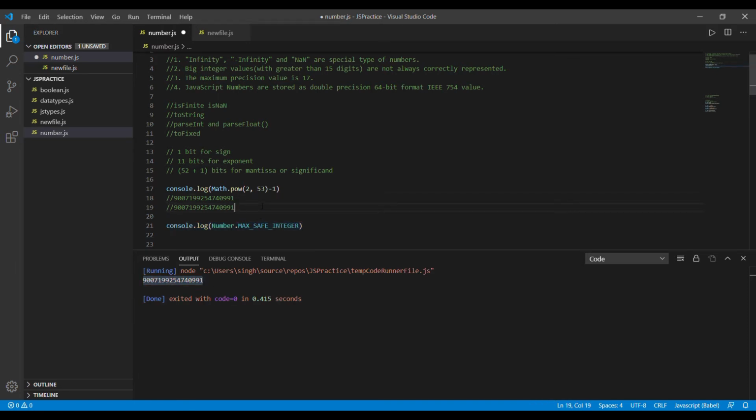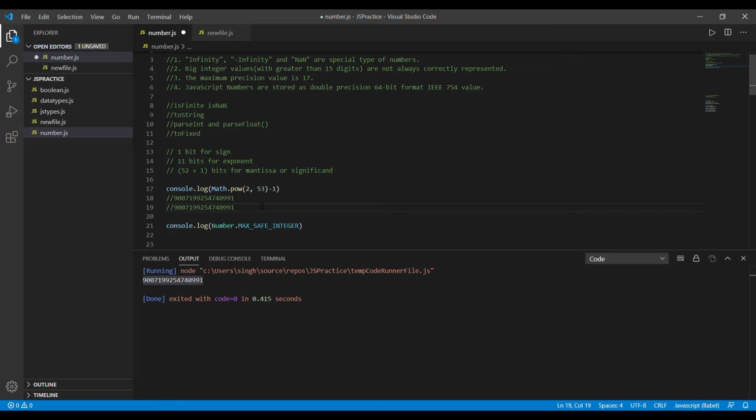Now, since we know that this is the largest value that can be represented by the 53 bits we use for the mantissa, if we go beyond this value, we are going to require extra bits, and the values of these extra bits we cannot control.